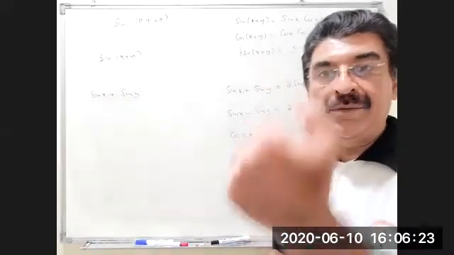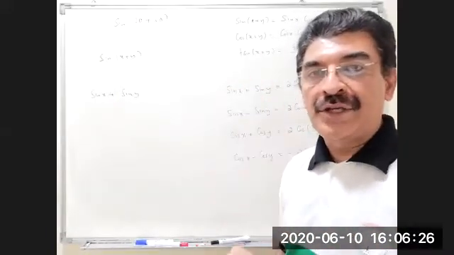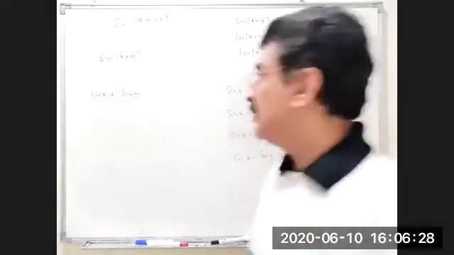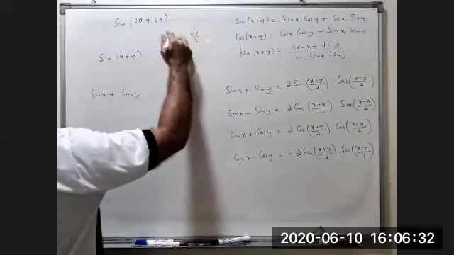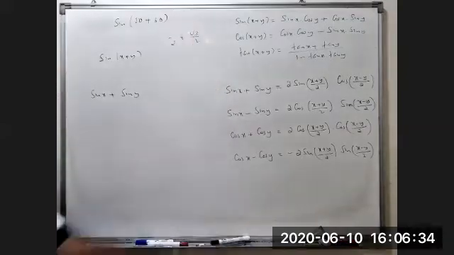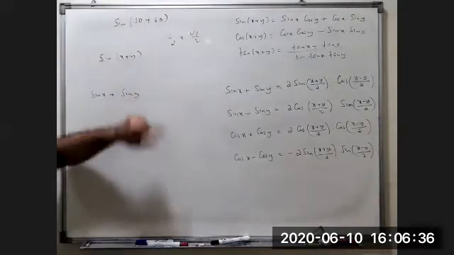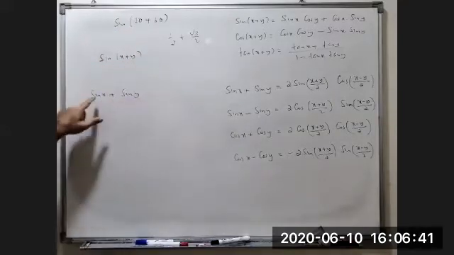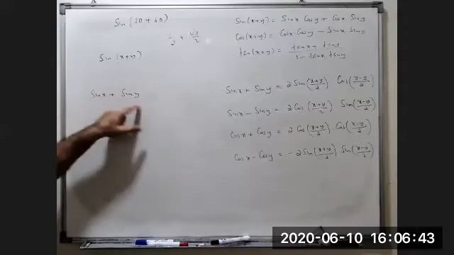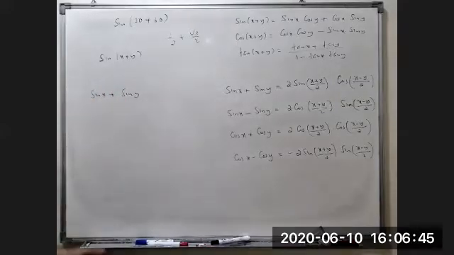Sin 30 is 1 by 2, sin 60 is root 3 by 2, and 1 by 2 plus root 3 by 2 is not 1. Sin(x plus y) means sin of the sum of the angles, whereas sin x plus sin y means the sum of these two functions, which is different.